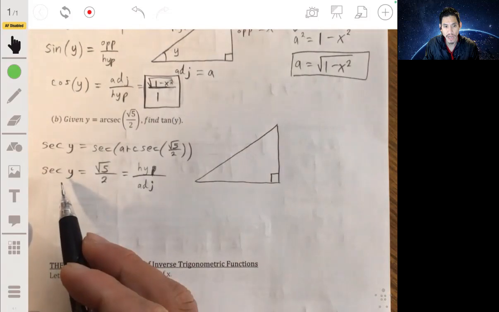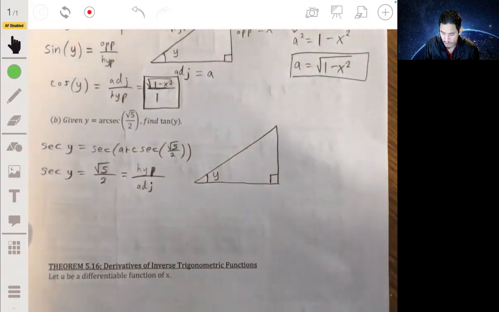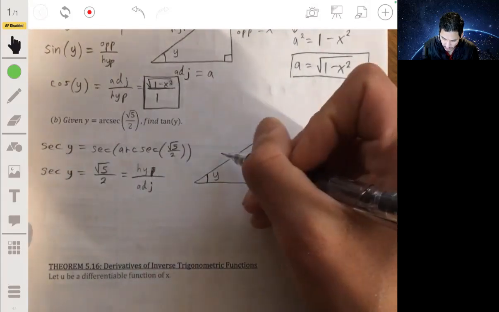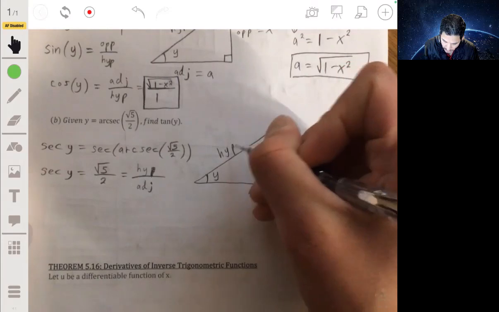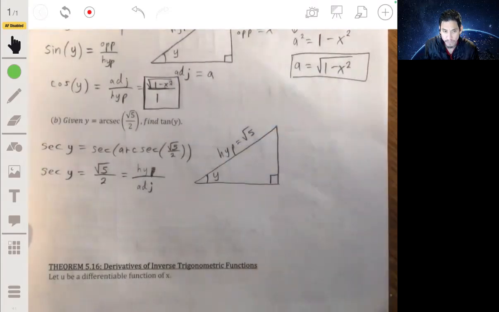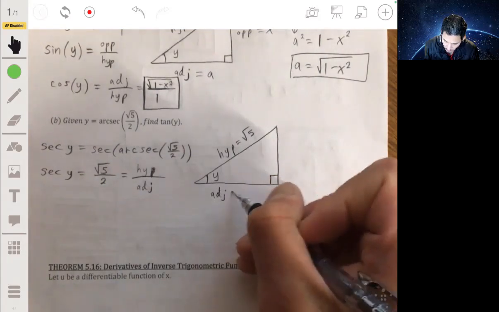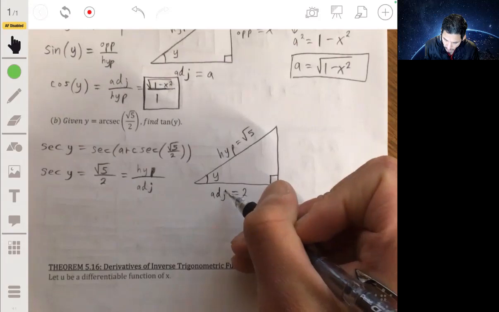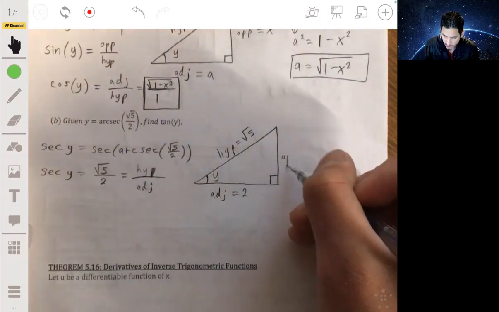And our angle is y, so let's make y this angle over here. So the hypotenuse is √5. Then the adjacent side, this side here, is equal to 2. And this will be our opposite side.